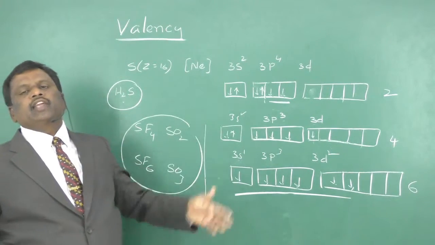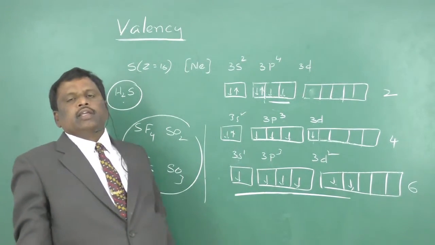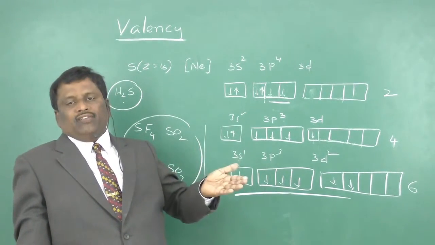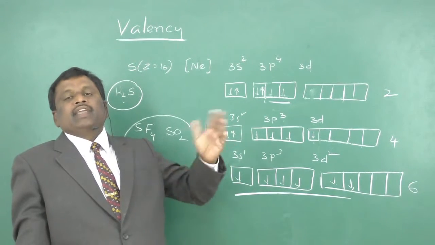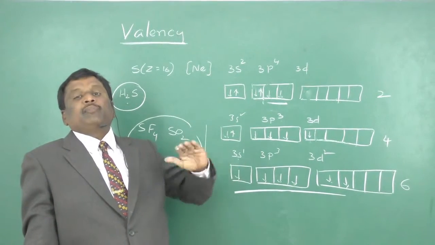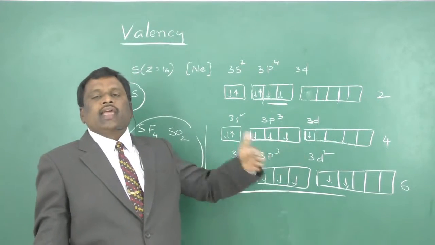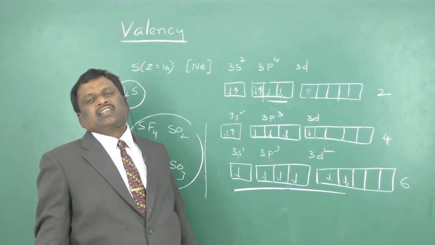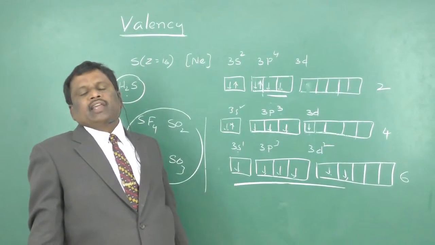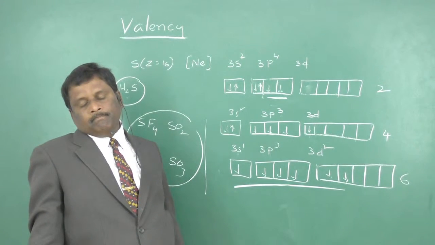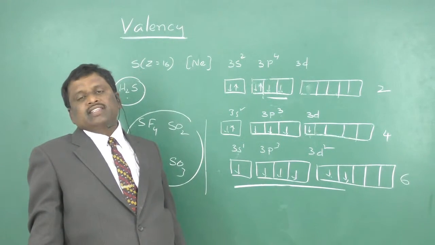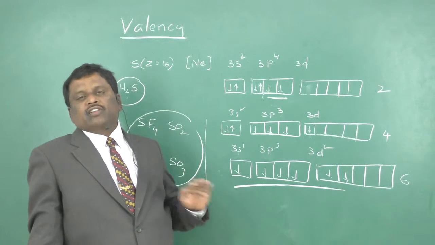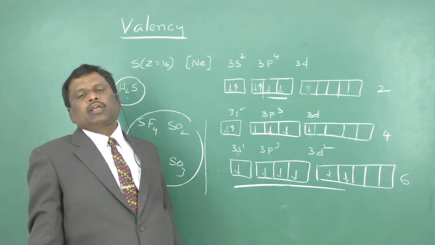This variability of valency is due to the uncoupling of paired electrons, or unpairing of paired electrons into empty orbitals which are present at nearly the same energy level. So, the valency of an element is not a constant property, it is a variable property.